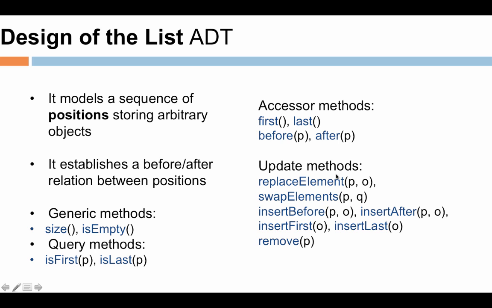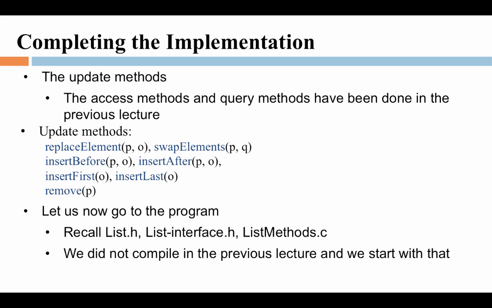And here are the methods where we want to replace a certain element in the list with another value, or exchange the contents of two positions in the list, insert an element before a certain position in the list, insert an element after a position in the list, insert an element to the first so that it becomes the first position in the list, and then insert an element into the last position in the list, and to remove a certain position itself. These are the update methods which we did not implement when we met during the last lecture, and today we will complete this.